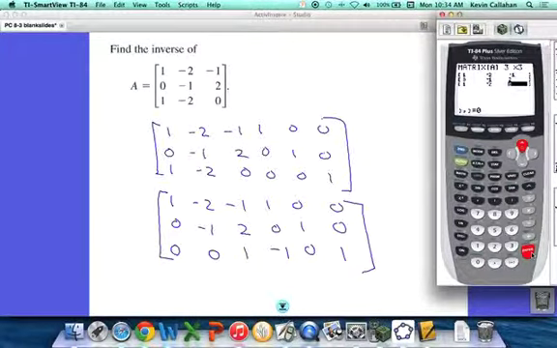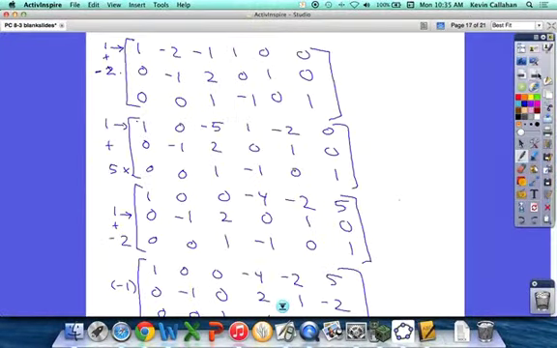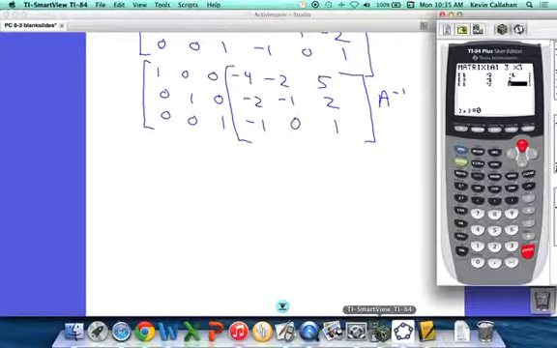Now we need to do the B matrix. Can I scroll down? Yeah. That's the A inverse, we'll put it under B. So let's go to Matrix, edit, 2, and now we need a 3 by 3.